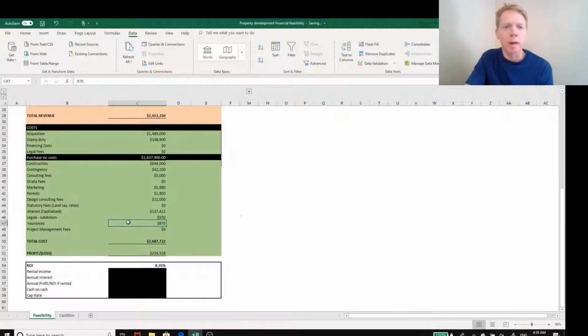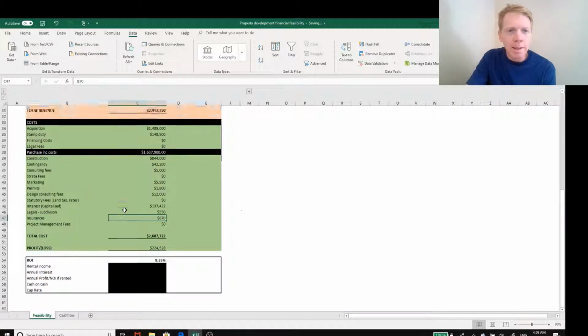You also have things which are probably bundled into this construction cost, like getting your services turned on, your sewerage, water, electricity, gas, all those connections to the building.